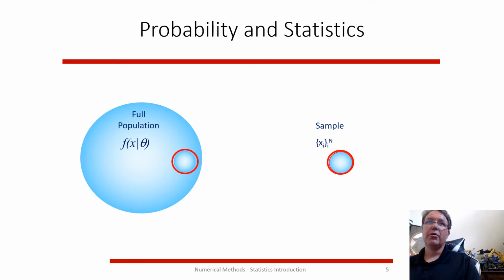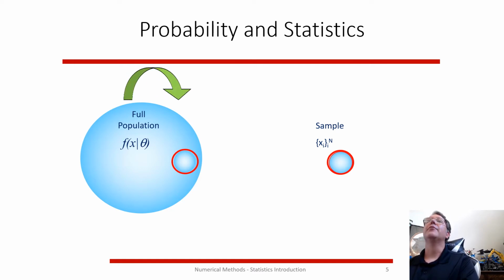If you pull out a sample, you can't sample the entire population. Like if you're going to roll a dice, you can't roll the dice for every single combination. If you're producing TVs on a production line, you can't sample every TV to see if it works. You pull out one or two or five or whatever your number is, you get a sample and look at the quality of those.